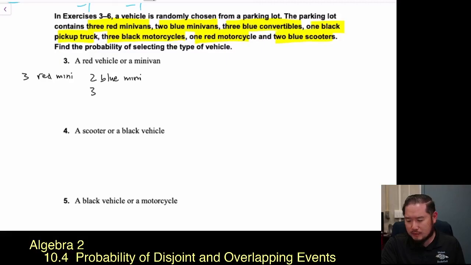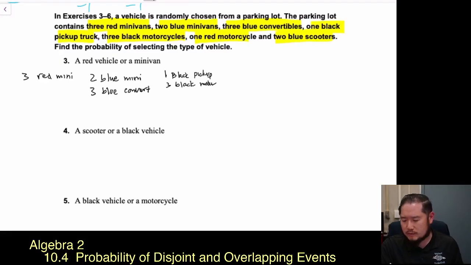We also have 3 blue convertibles, 1 black pickup truck, we've got 3 black motorcycles, 1 red motorcycle, and then we have 2 blue scooters. So I'm just putting all that stuff together right here.